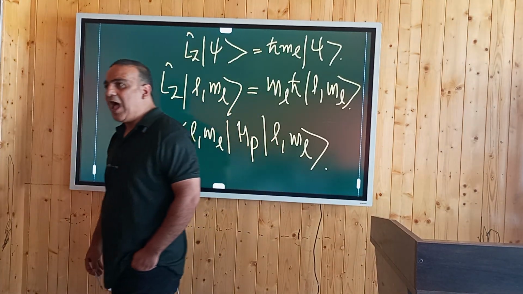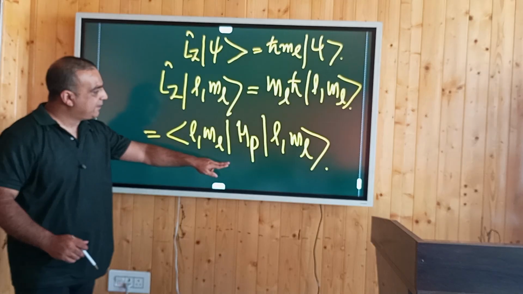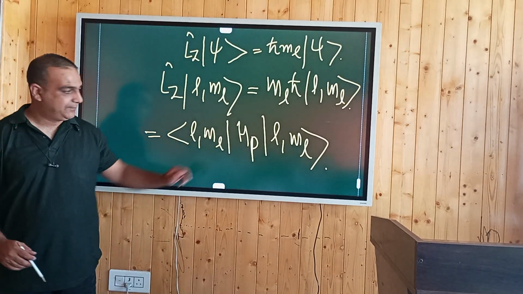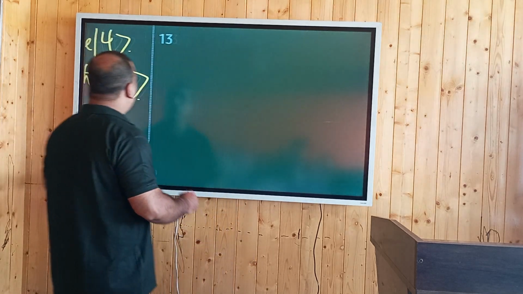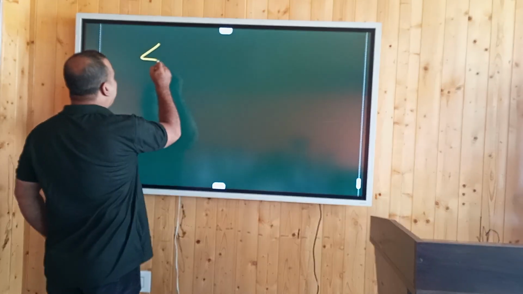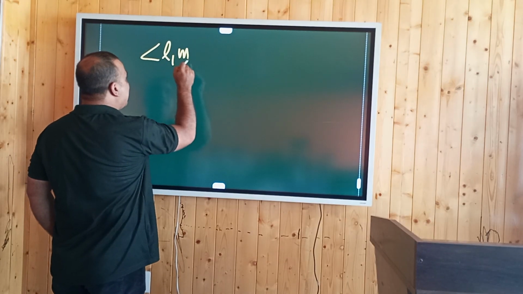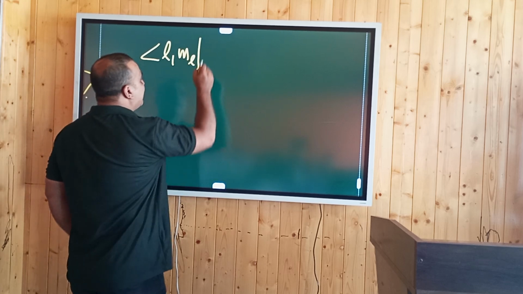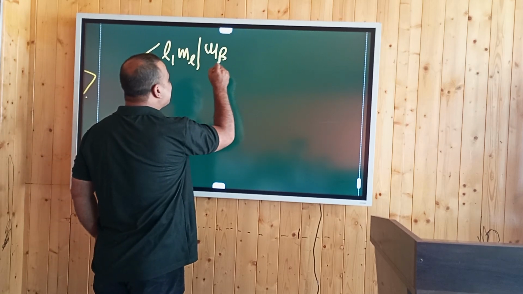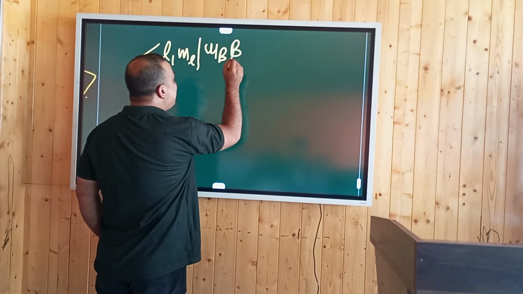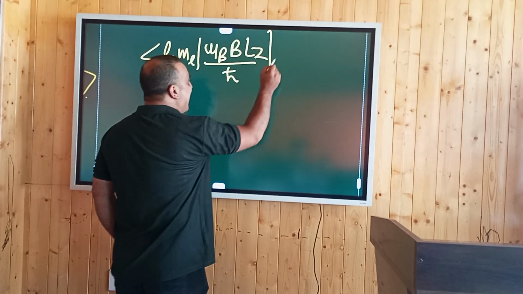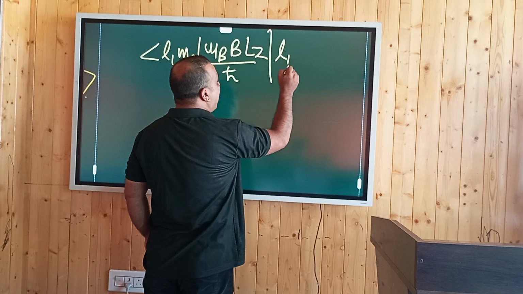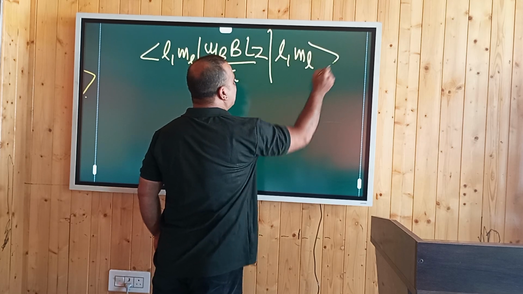Right? Now, what is your HP? Your HP is given in the problem. So you will have L, ML, then you will have mu B, then you will have B, then LZ by H cross, you will have L, ML, and close it.